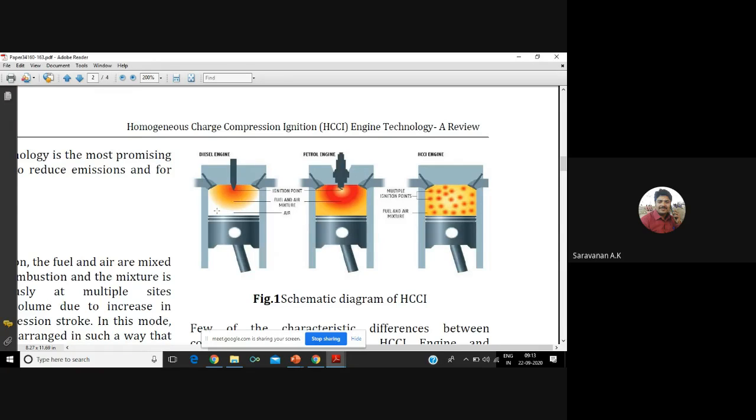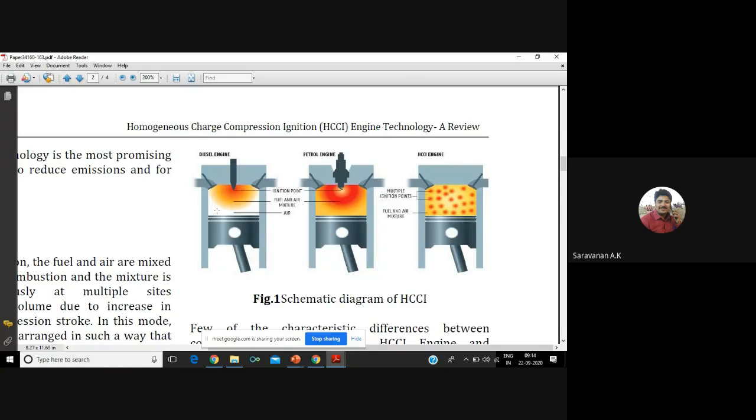Due to the compression, the pressure as well as the temperature will increase. While the temperature is high, at that time we have to spray the fuel, and the compressed temperature is enough to burn the fuel from the fuel injector.